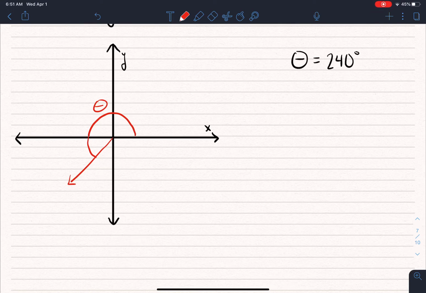Now it said to convert theta. If theta is 240 degrees, let's convert that to radians. All we have to do is multiply that times pi over 180 degrees. When I do that, I get 240 pi over 180. Notice the degrees cancel out.